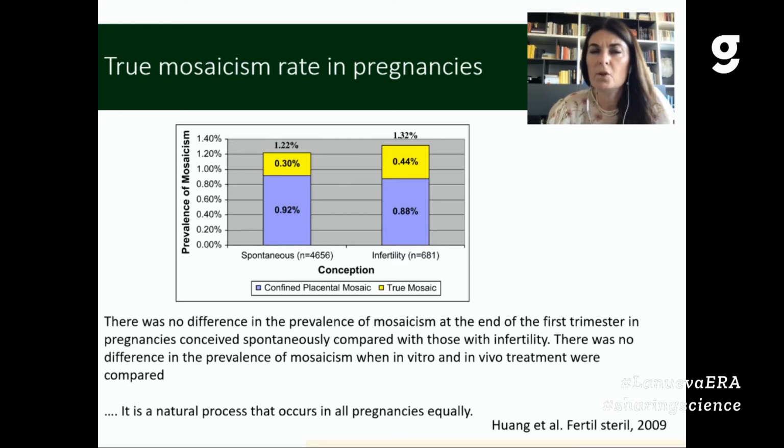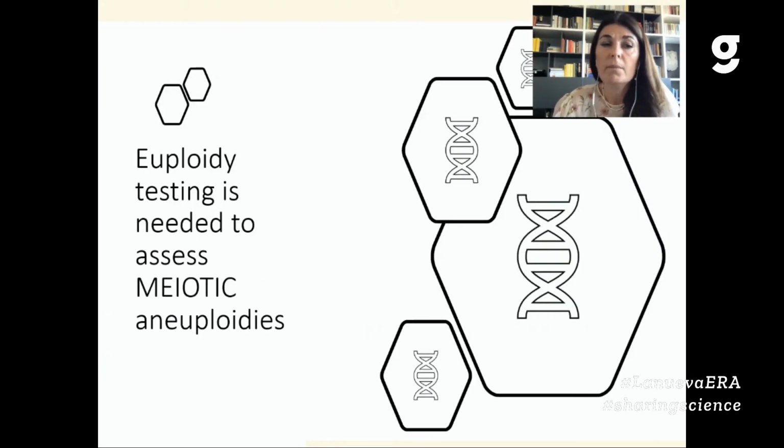So we have to be sure that what we are testing is indicated in the population and is trustable enough to remove that embryo from the transfer. So in my view, euploidy testing is needed only to assess meiotic aneuploidies, the ones that are related to female age, the ones that are indicated in our infertile population affected mainly by advanced maternal age.